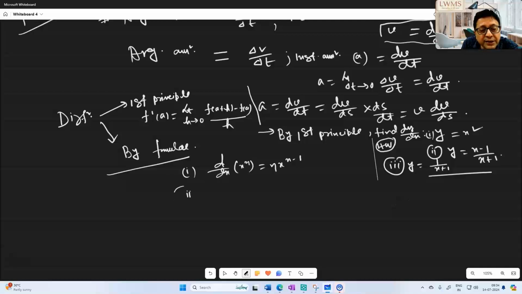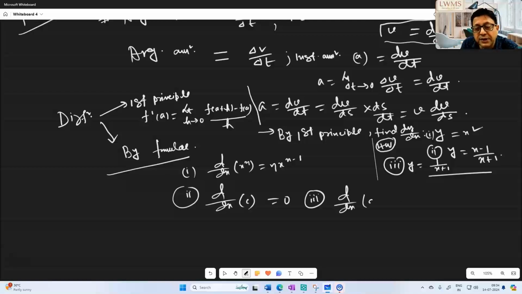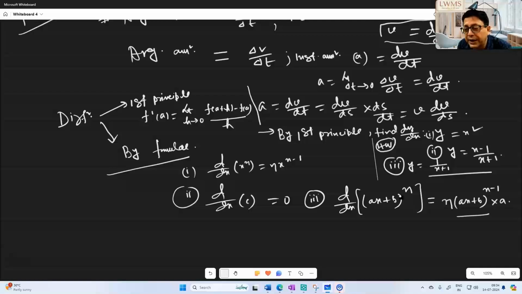But you mainly need derivative of constant equals 0, and then derivative of this term. Sometimes in motion problem, this plays a vital role. I have explained this kind of differentiation in one of the video sessions earlier. This will be n times (ax plus b) to the power n minus 1 into a.